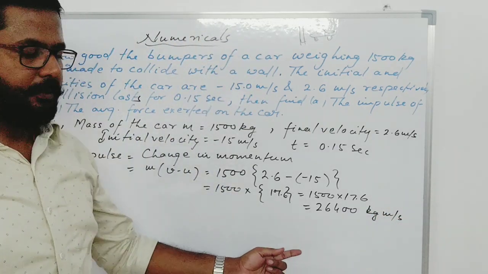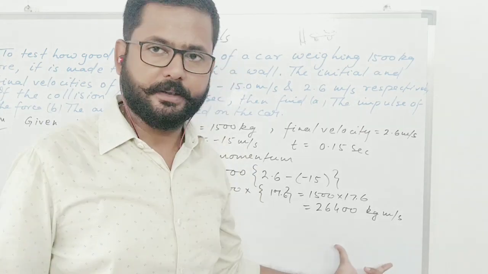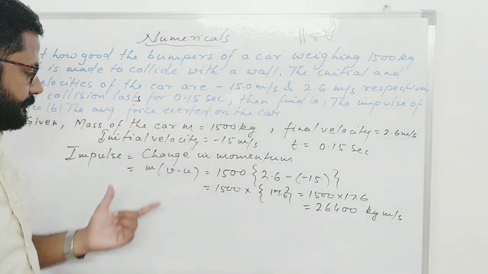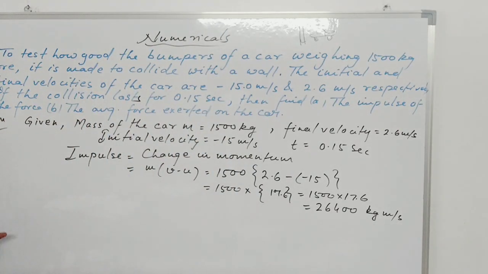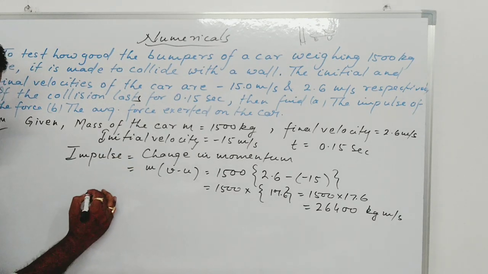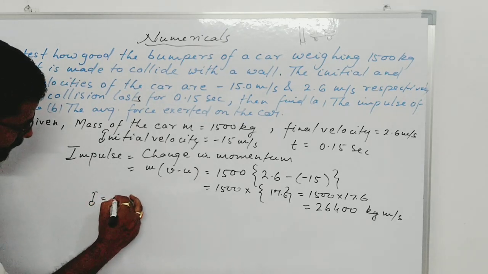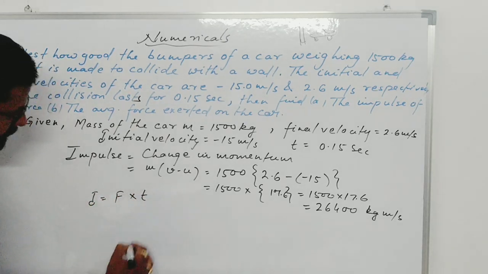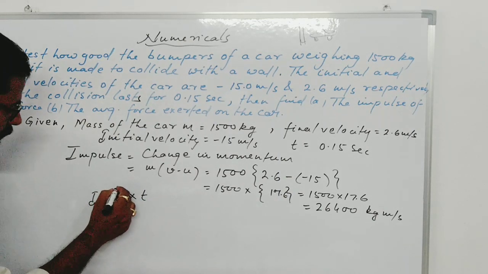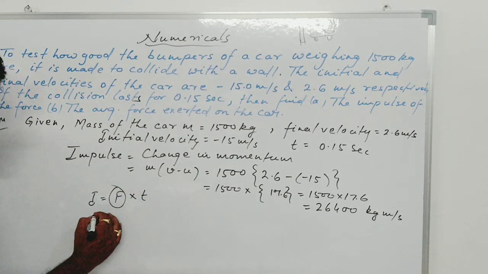Got it? Don't forget to write the unit. Okay, that is very important. Now, after that, what is asking? Average force. I already told one more formula of impulse, that is I is equal to F into t. From here you are able to find the force.